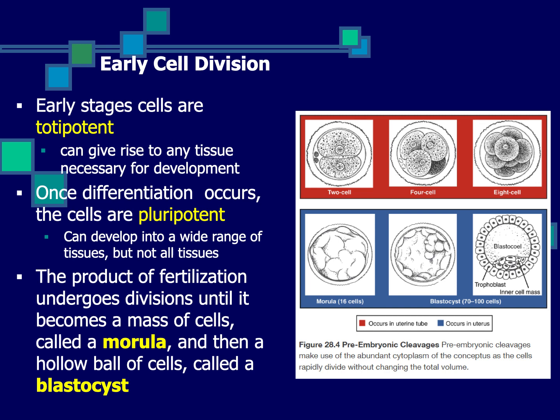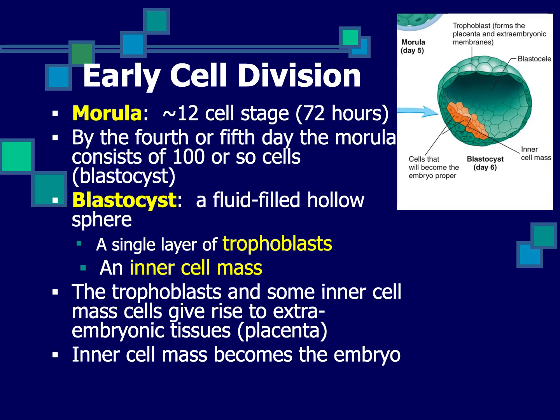Okay, and this is early development. This is happening quite quickly, within the first 7 or 8 days. The morula is at the 12-cell stage at about 72 hours. By the time you get to the blastocyst, you're at 5 or 6 days.